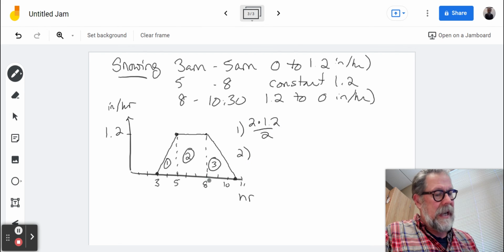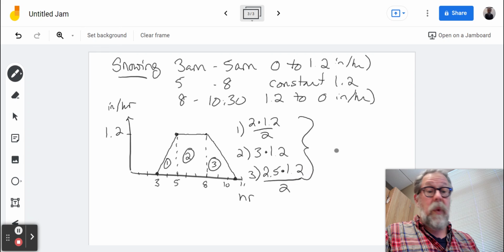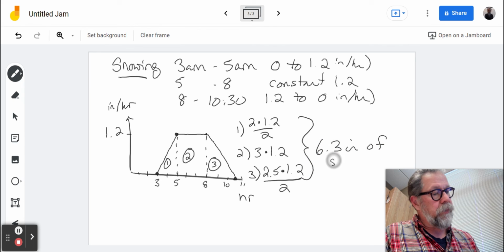Section 2 is a rectangle. We have 3 hours at 1.2 inches per hour. And section 3 is a triangle with a base of 2.5, a height of 1.2, divided by 2. And when we add these all up, we get 6.3 inches of snow.